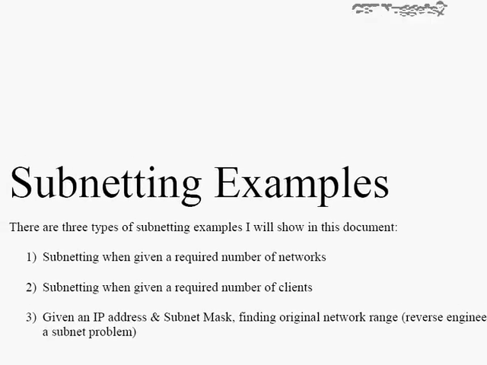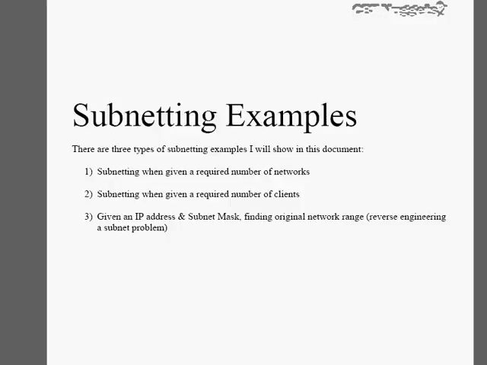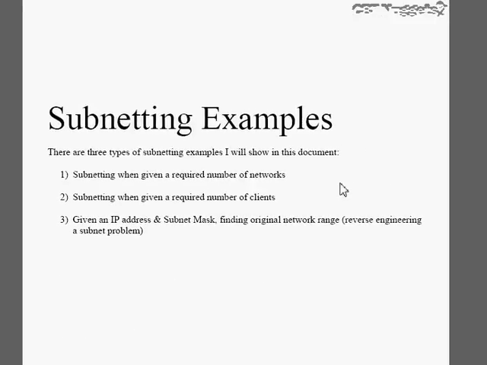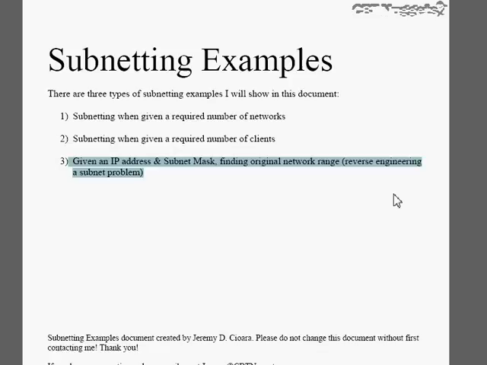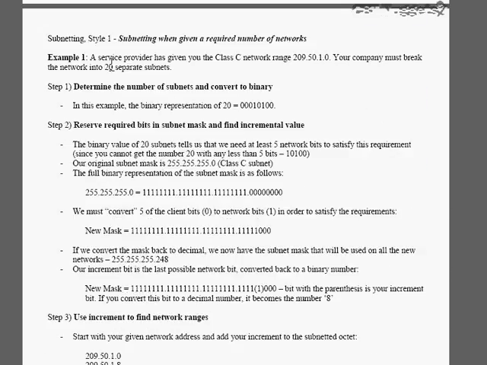It's in PDF format right on the website. It is subnetting examples. There are three types of examples that I'll show: one based on the number of networks, one based on the number of hosts per network, and then also an example of how to reverse engineer it. So what I've got is subnetting style 1, subnetting based on the number of networks.